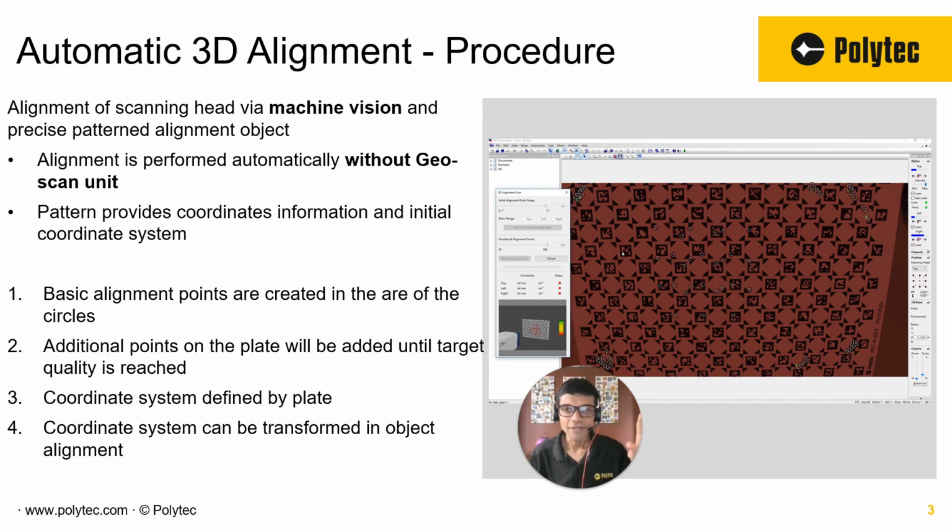Even if you compare our most experienced applications engineers doing it manually with someone using the system for the first time with this automatic 3D alignment, the automatic 3D alignment will be better. That's the power of this whole process. The basic system starts with small circles generated using the system, and then it gets transferred to the big one.